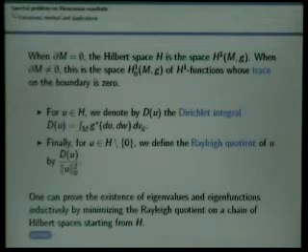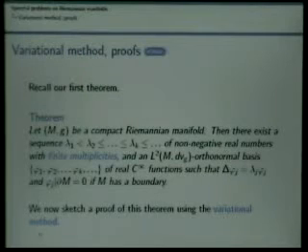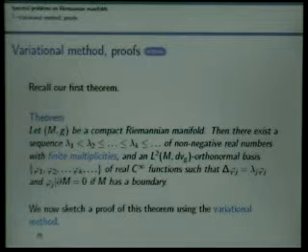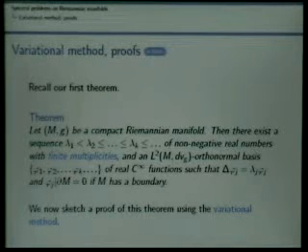And so what you can do, you remember I had this theorem, which tells you that if you take a compact Riemannian manifold, then you have an infinite sequence of eigenvalues and an orthonormal basis of eigenfunctions.